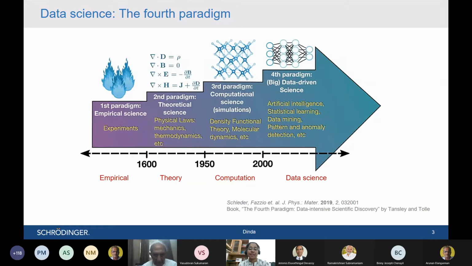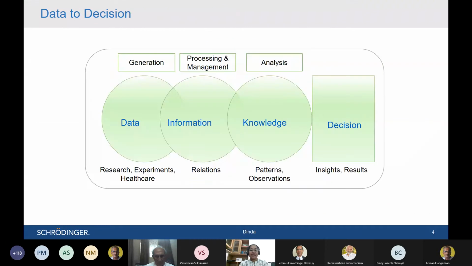It's been very visible in other sectors like advertisement, biology, image processing, traffic controlling, and so much more. And it's now becoming very encouraging for chemistry. Other than doing molecular modeling, we can extend this approach to data science and learn new things, which in turn provide new insights to make better decisions.